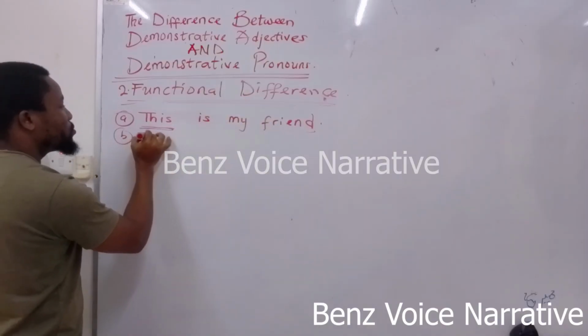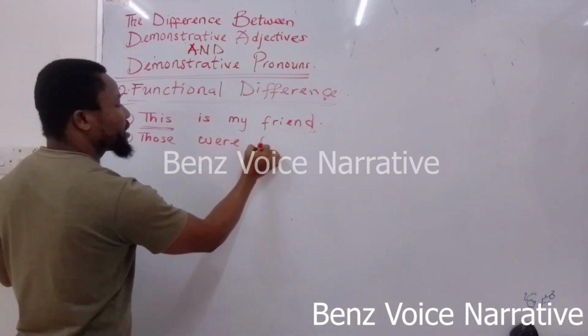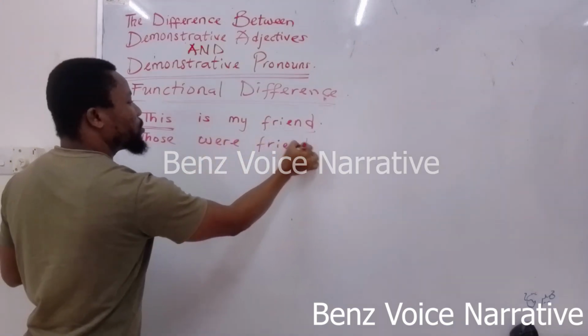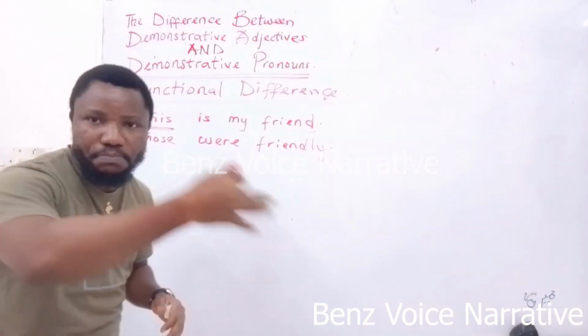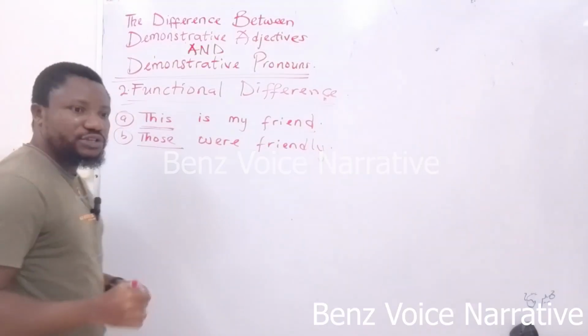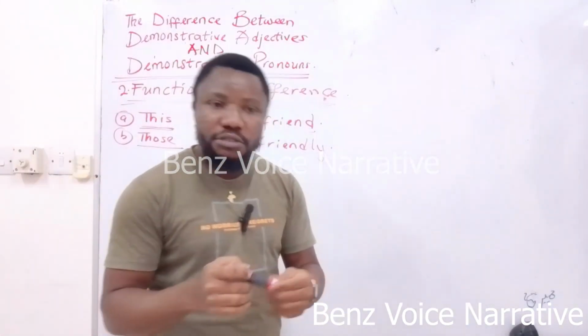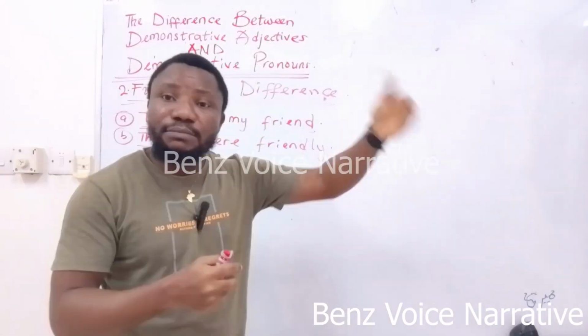So we have, those were friendly. Who were friendly? Who were the people that were friendly? Those. Now, we don't have to say those girls, those boys. If you say those boys, those becomes a demonstrative adjective.